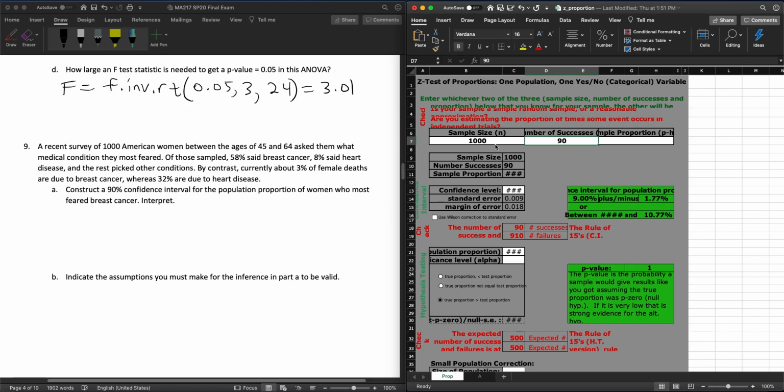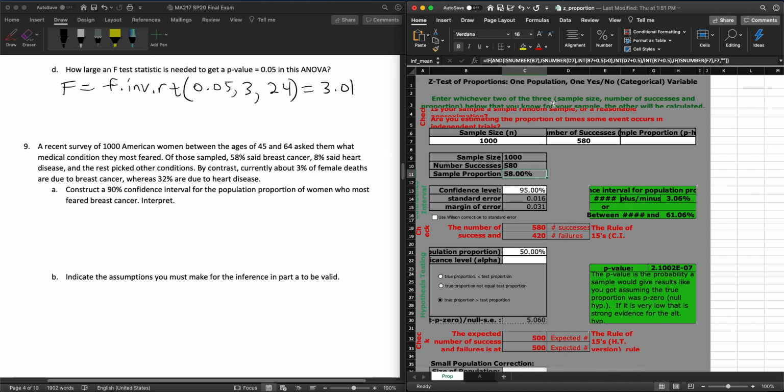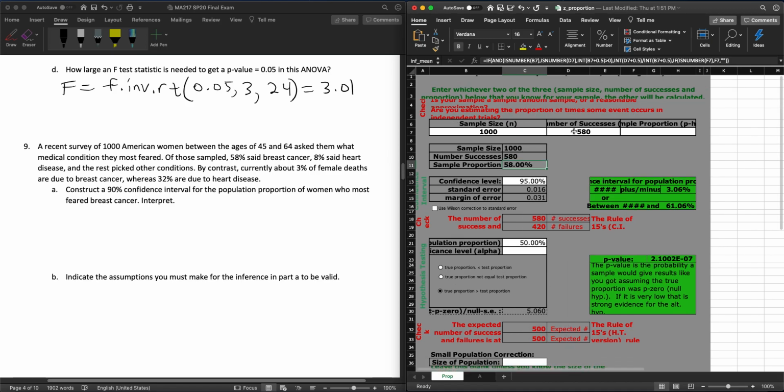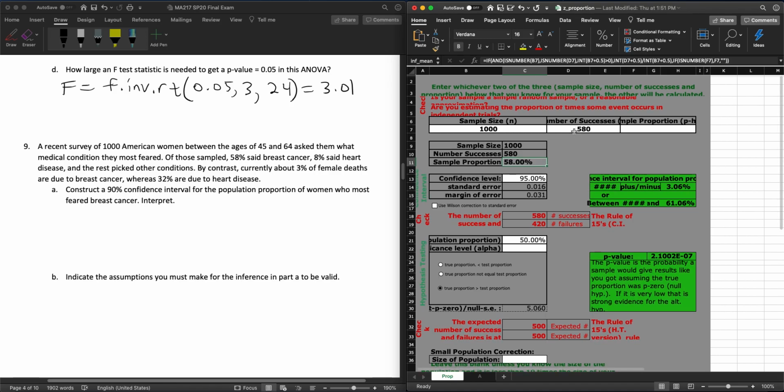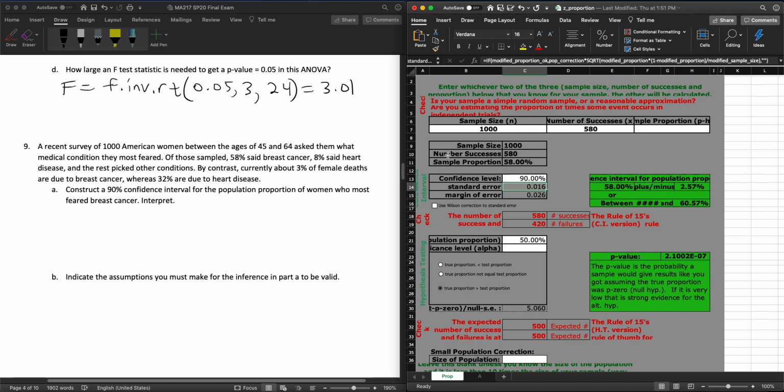So 0.58 times 1,000 gives 580. That way we can see in this box that I just highlighted, that is 58%. So we need to construct that 90% confidence interval. So I'm going to specify this as 90%, and we are given a value. It's 58% plus or minus 2.57%.